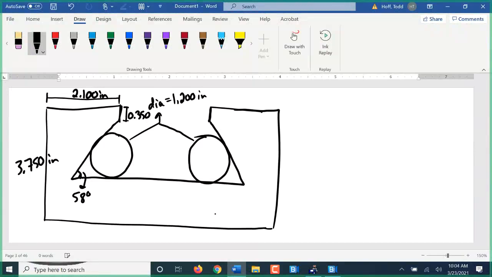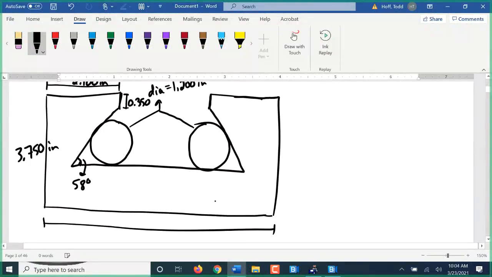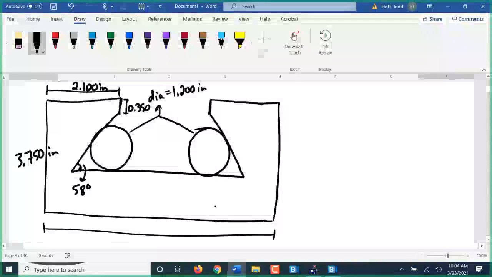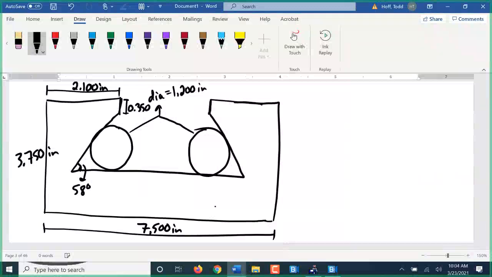And across here, oh, let's see here. We'll go with 7.5 inches across here. And from here to here, let's call that 1.75 inches.